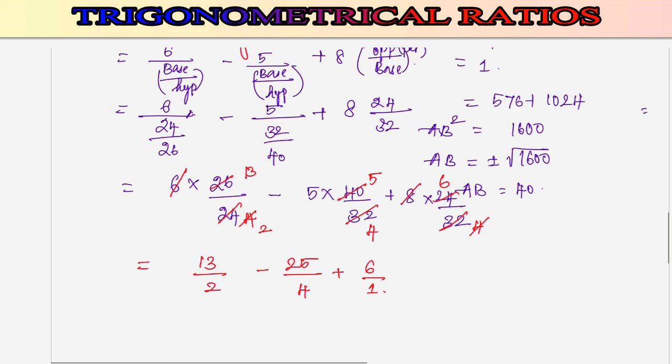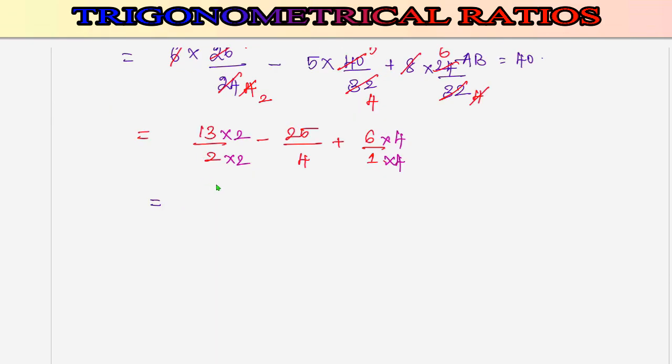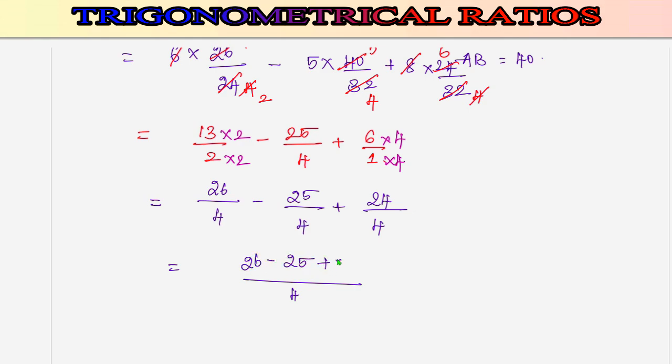Here the LCM is going to be 4. So I will multiply the first by 2 and the last by 4: 13 2s are 26 divided by 4, minus 25 divided by 4, plus 6 4s are 24 divided by 4. Now the denominator is the same, so I can write it only once. You will get 26 minus 25 plus 24, so the answer will be 25 divided by 4.